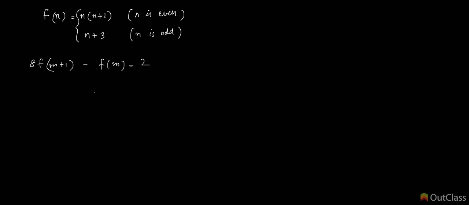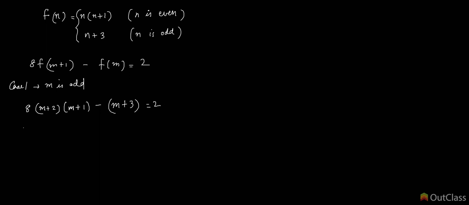Now there are two cases. Case 1, m is odd. If I make that assumption, m will be odd, m plus 1 will be even. So the equation will become 8 times f of m plus 1, which will become (m plus 1)(m plus 2), minus f of m, which is odd, so it's going to be m plus 3, is equal to 2.